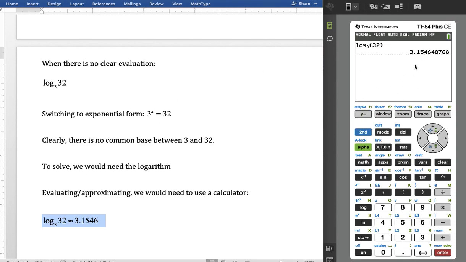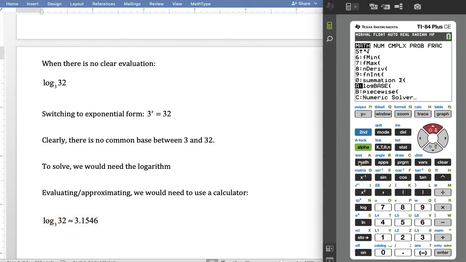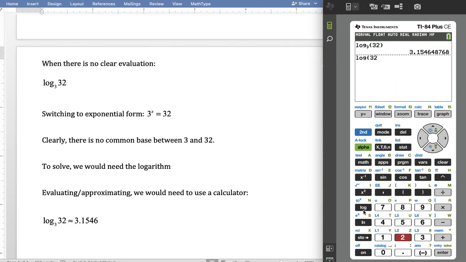If your calculator does not have that log base option, we would need to use something called the change of base formula. We'll get into that a little bit later, but in short, we would just do, using the log button, log 32 divided by log 3. Log of the argument, the value inside the logarithm, divided by log of the base.